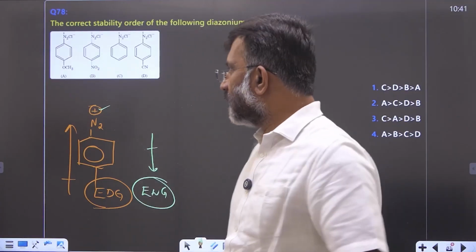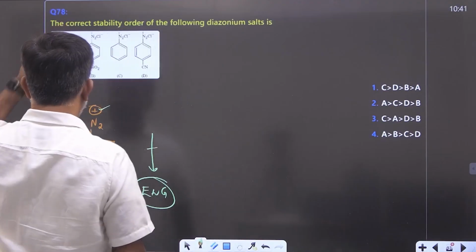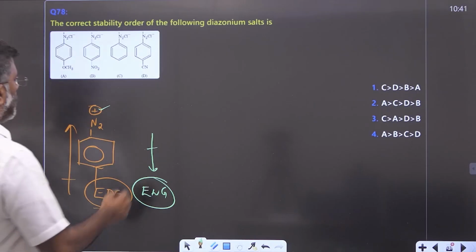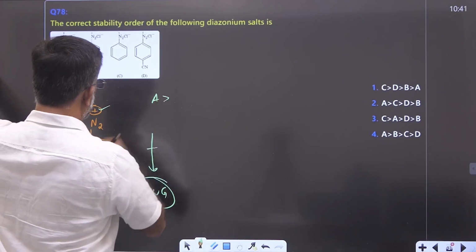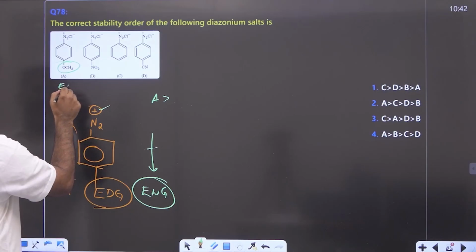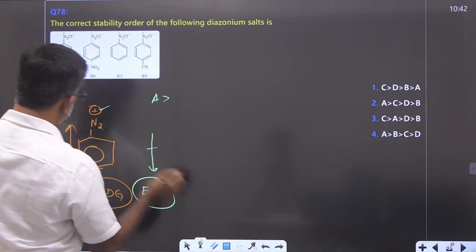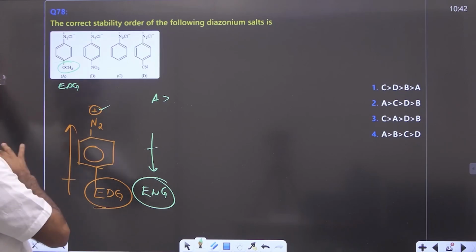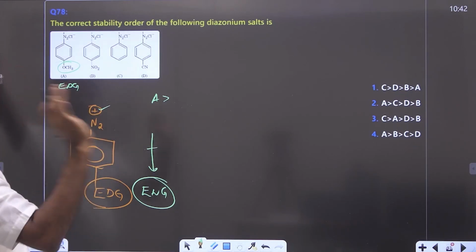So here it is a diazonium salt, and an electron donating group will stabilize the system. So the most stable, no doubt, is A, because it has an electron donating group. And nitro and CN are electron withdrawing groups.